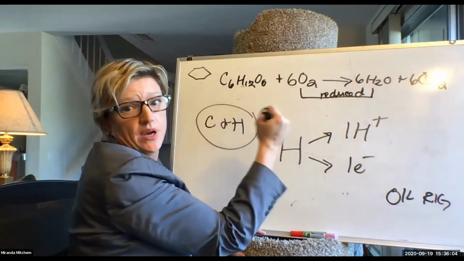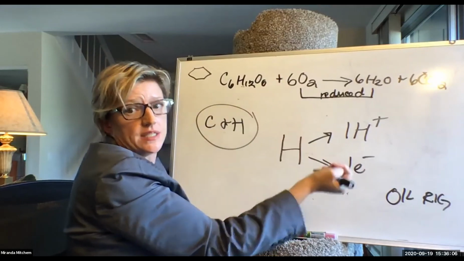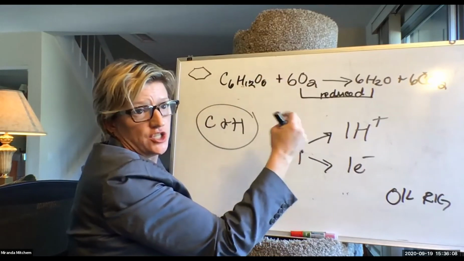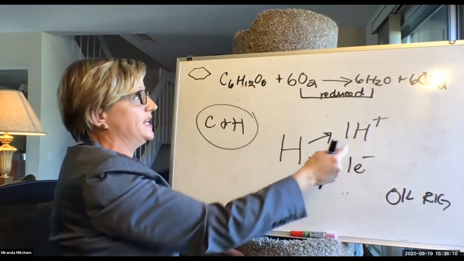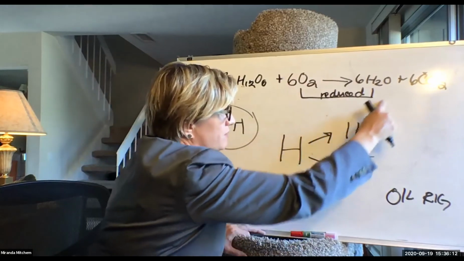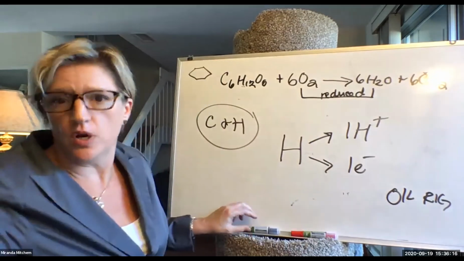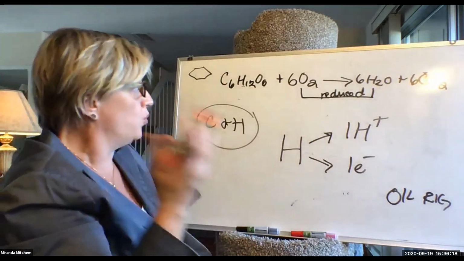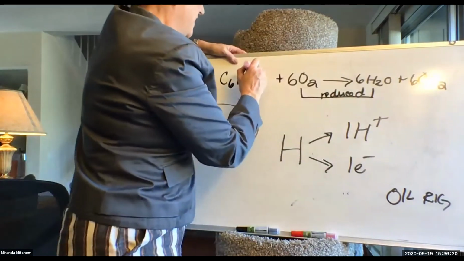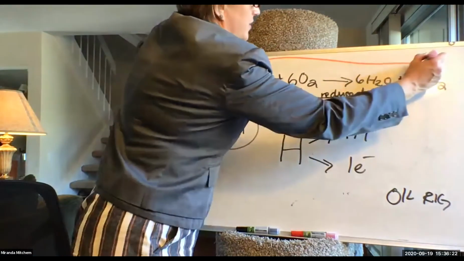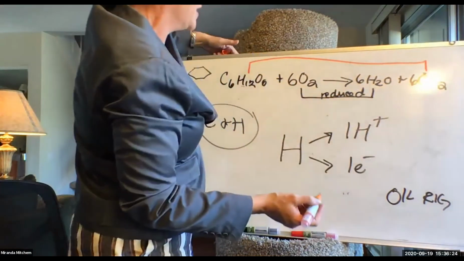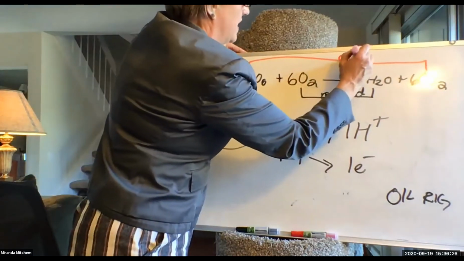Oxygen picks up hydrogens. It's gaining. Oxidation is loss, reduction is gain. It is reduced to becoming water. Whereas glucose gives away, it's got the opposite connection with carbon dioxide. It becomes oxidized.